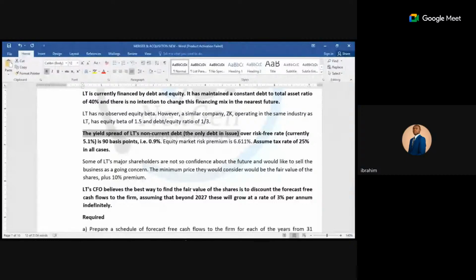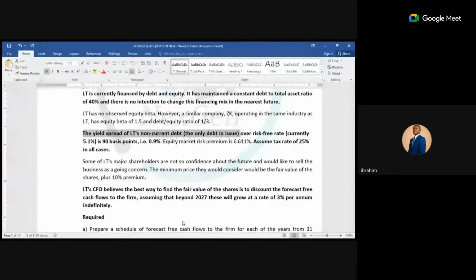Now, what it means is that you have issued a bond that has a yield over the risk-free rate, currently 5.1%.